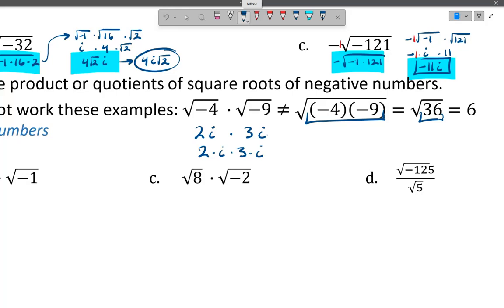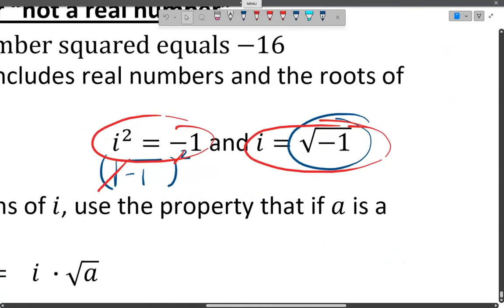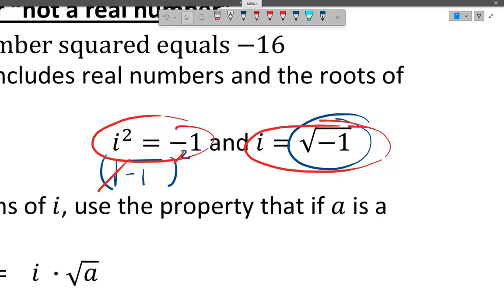So i is the square root of -1. If I have the square root of -1 times the square root of -1, that's the square root of -1 squared, right? This is all i squared. The square root of -1 squared is just -1.